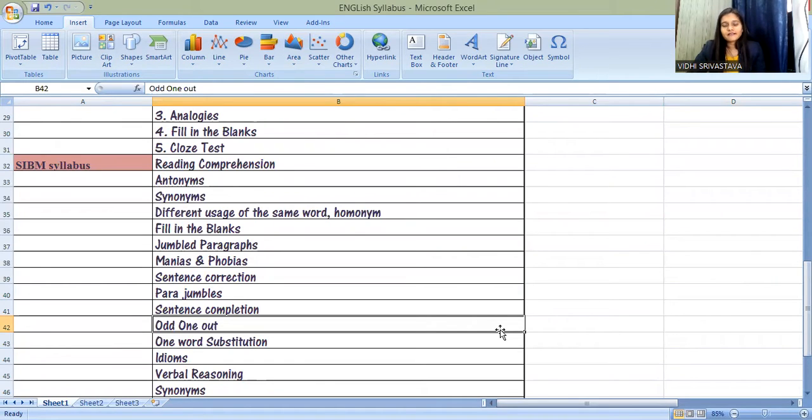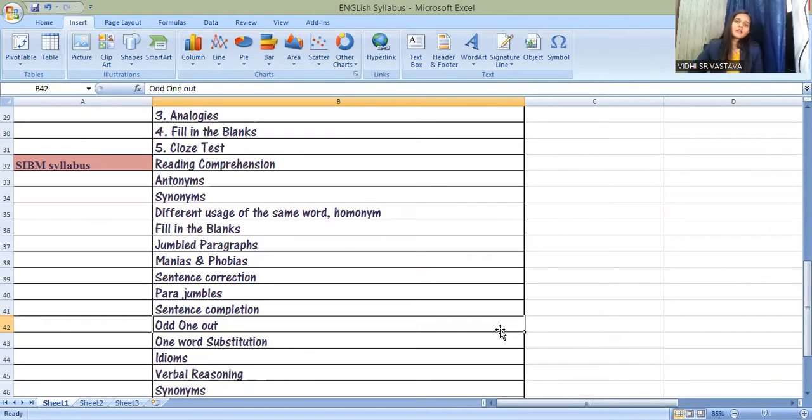While CAT and XAT do not completely exploit your knowledge of verbal ability, they completely exploit your knowledge of RC, while NMIMS, NMAT and IIFT completely exploit your verbal ability part.